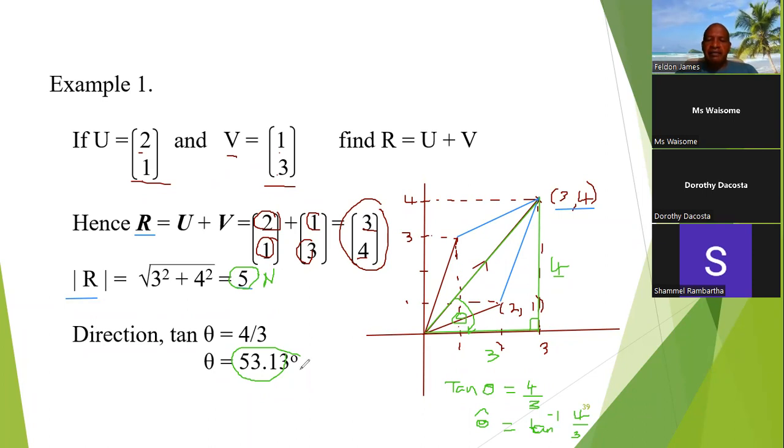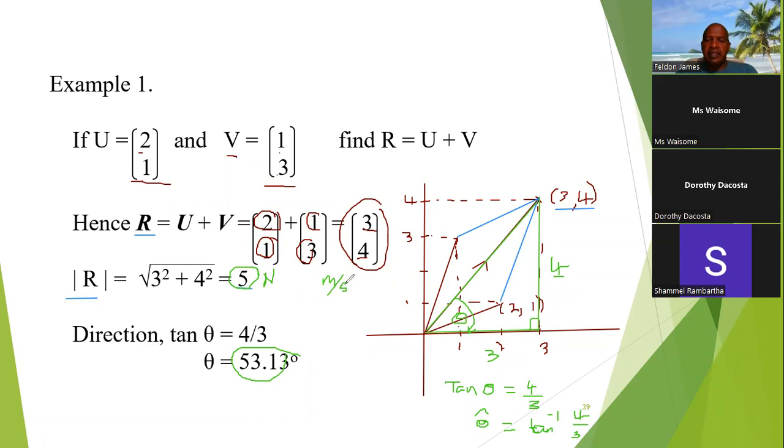If you have a different unit, because sometimes a vector might be like force, it might be velocity. If it is velocity, you know that the unit for velocity is meters per second, right?